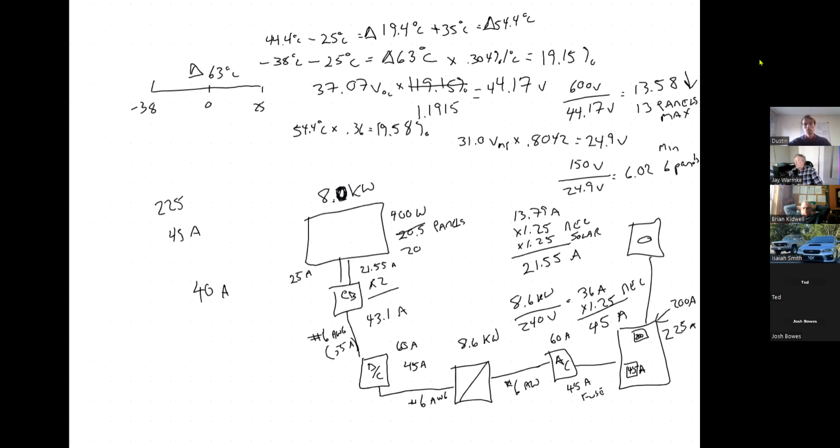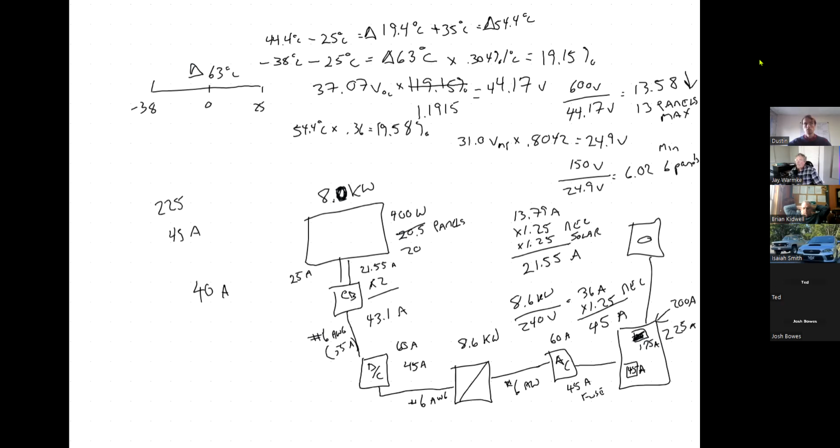Or if it's still a 200 amp panel, what I could do is replace the main breaker here, and I could put in something like a 175 amp main breaker from the utility. And then I'd still be fine, because it's the combination of the two that cannot exceed 120%.